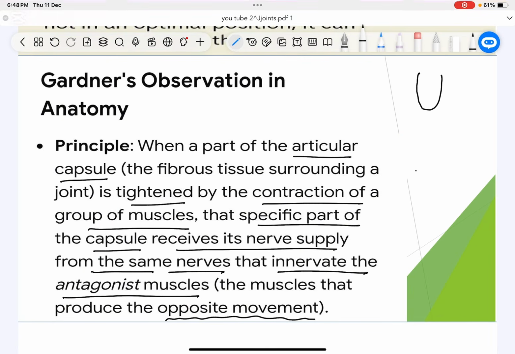Think like this is a joint and externally there is a capsule, and think like it's a group of muscles, we give the name A, and here is a group of muscles, we can give the name B. What Gardner observed is that the articular capsule which is tightened due to the action of group A muscles actually gets innervated by the opposite action muscles. That's called Gardner's observation.